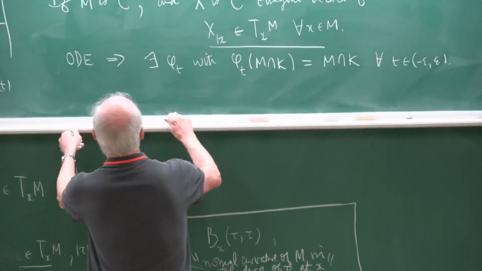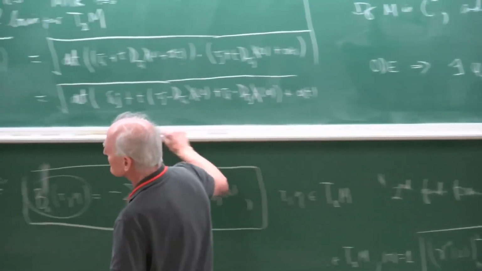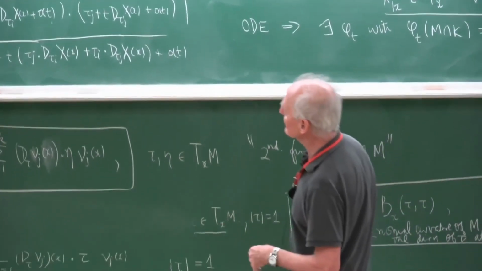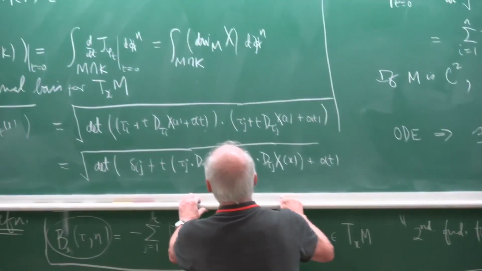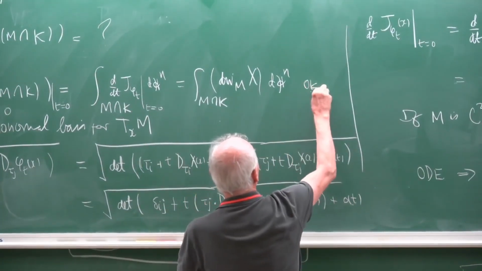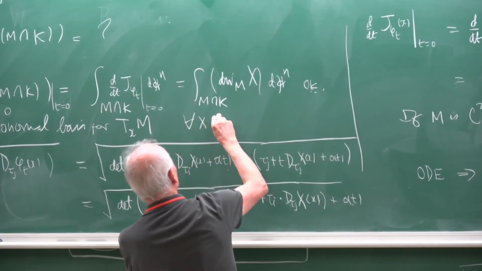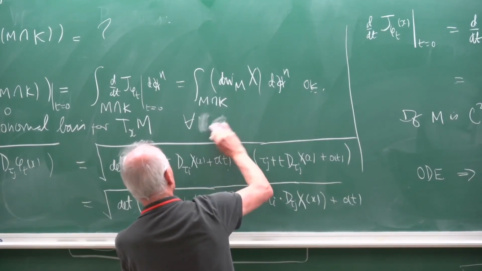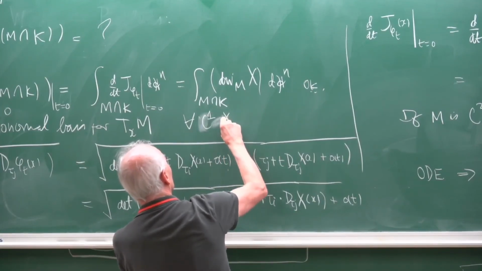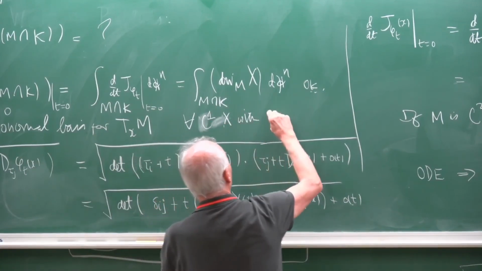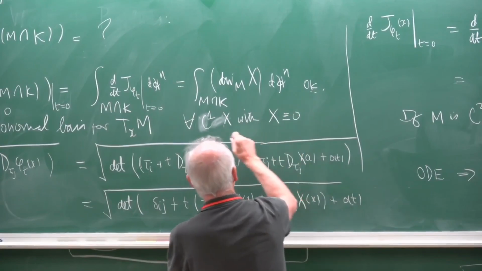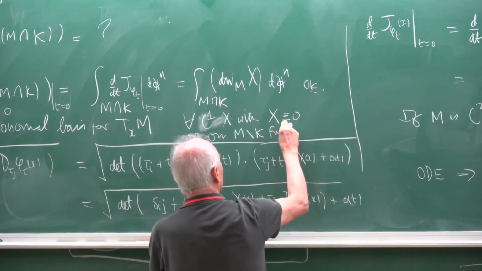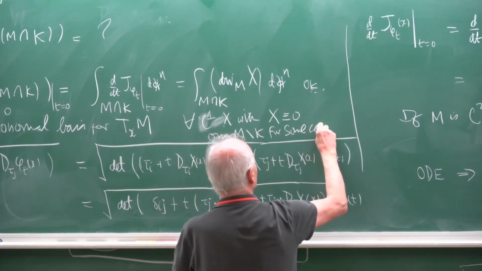Where is it? Where did I write down the first variation formula? Oh, here. This is OK for every X, for every C1 X with X identically 0 on M minus K for some compact K. That's very important.